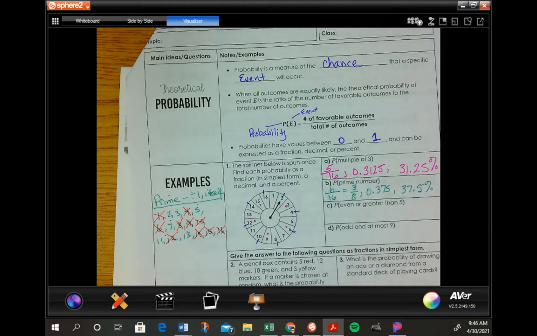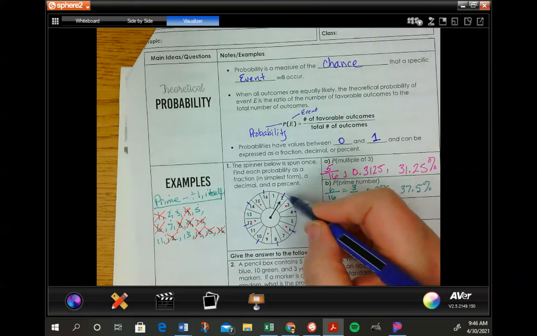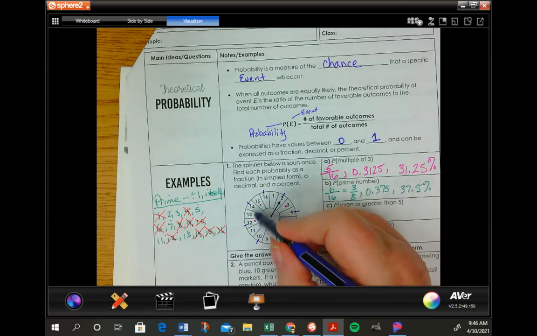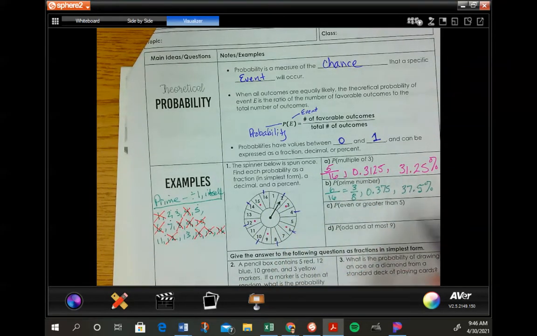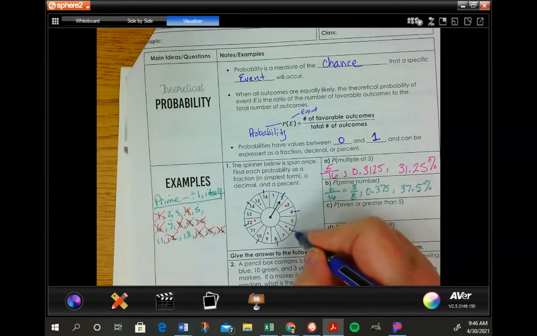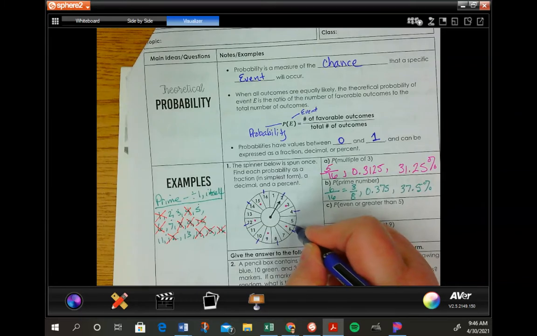The word or means we're going to add. We're going to take the union of our sets. So we have 2, 4, 6, 8, 10, 12, 14, 16. So we have all those and the numbers greater than 5. So 5 is right here.